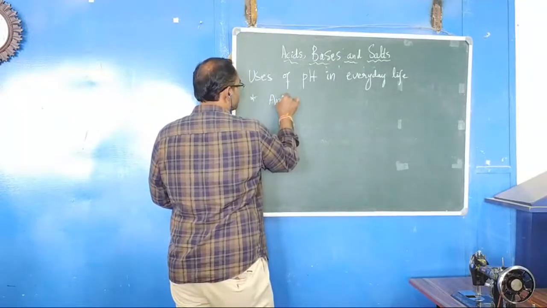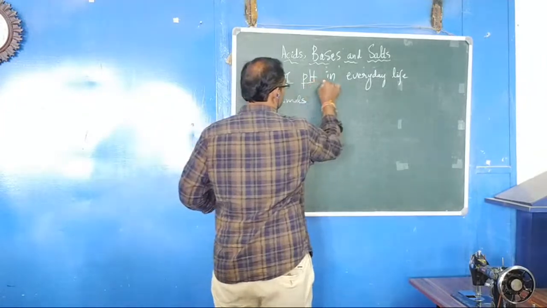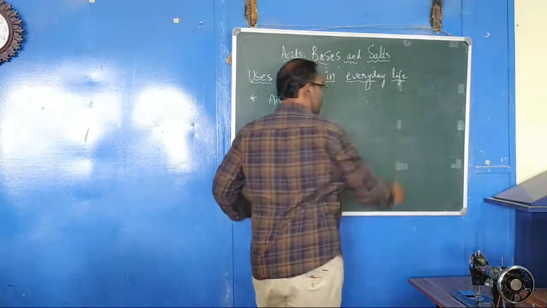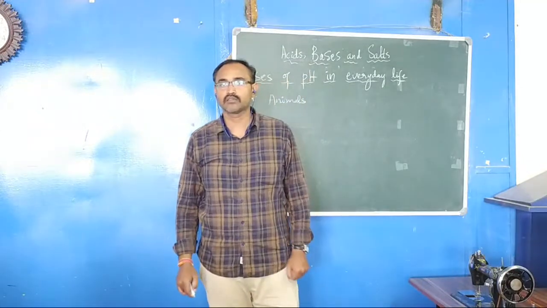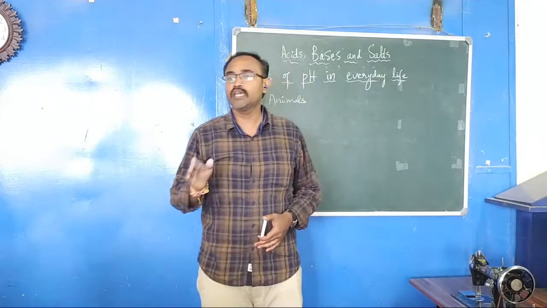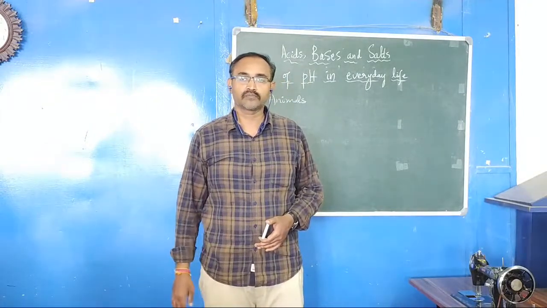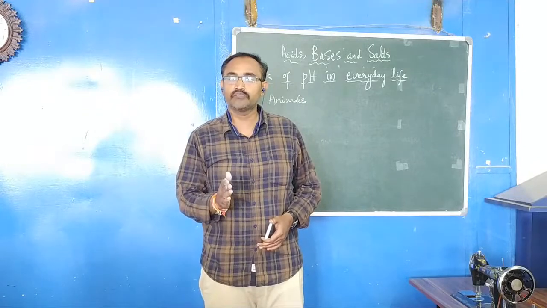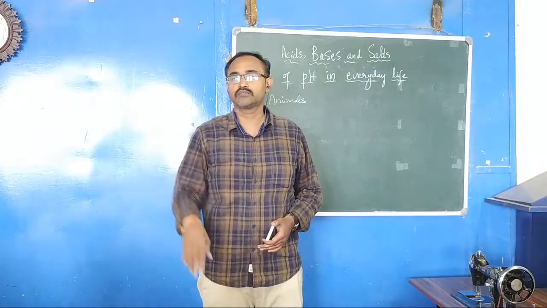First, animals. Even human beings are included under the category of animals. Our body works within a narrow change in the pH value, that is 7 to 7.6.